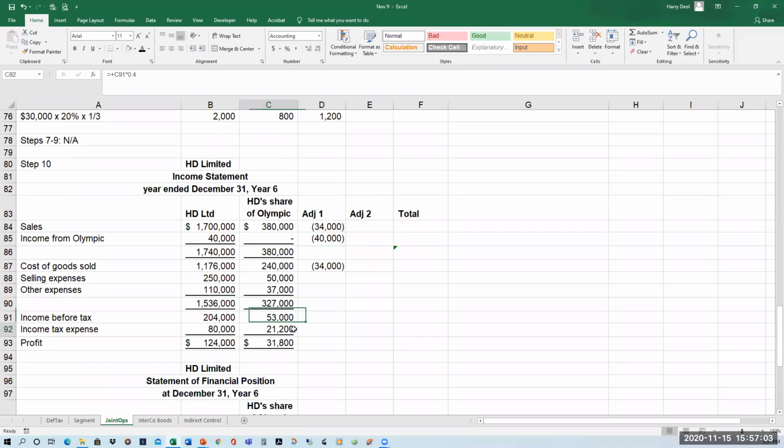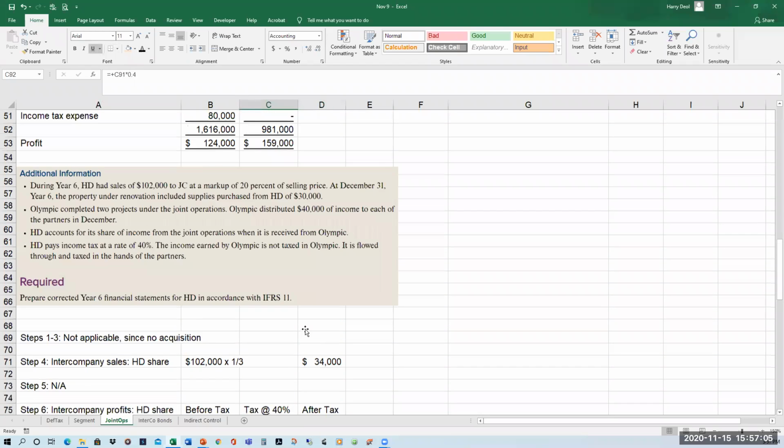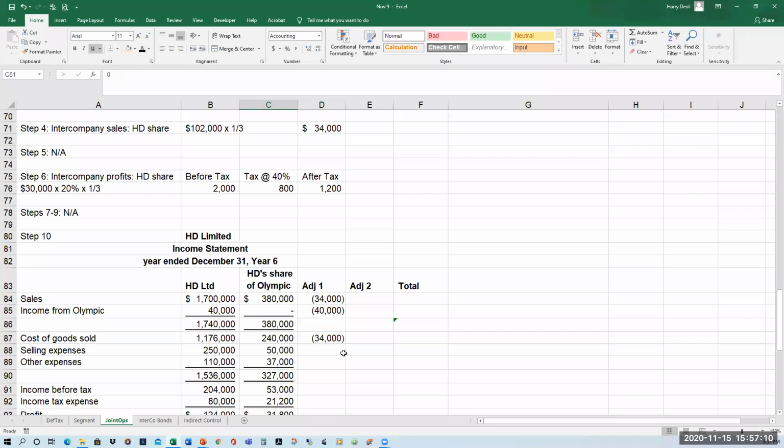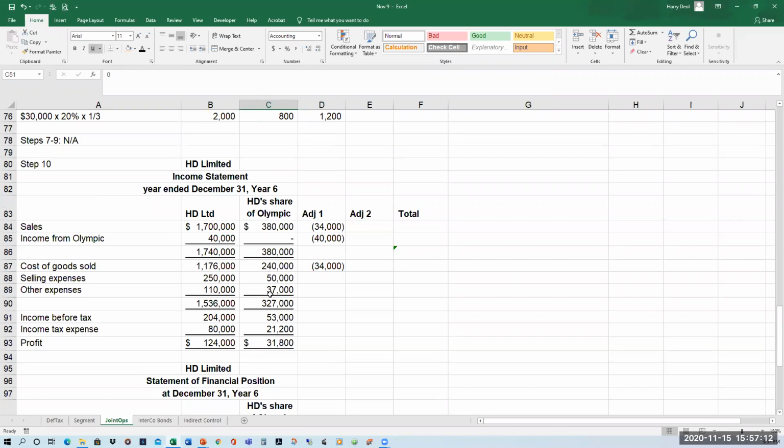Now notice that as far as Olympic was concerned, Olympic did not have any income tax expense. But when we pick up HD's share of Olympic, because HD is going to be responsible for income taxes, we calculate tax at the rate of 40% on HD's share of Olympic's net income, or income before tax. All right, so we calculate additional tax of $21,200.